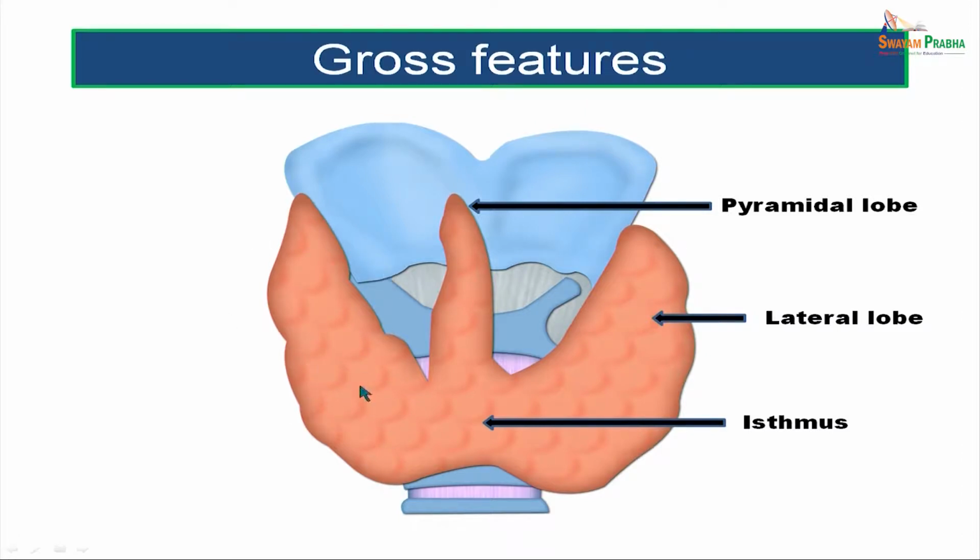So, each lateral lobe has an apex, a base, a superficial surface, a medial surface and a posterolateral surface, three surfaces and two borders, an anterior border and a posterior border. Whereas, the isthmus, which is connecting the two lobes, has an anterior surface and a posterior surface, an upper border and a lower border.